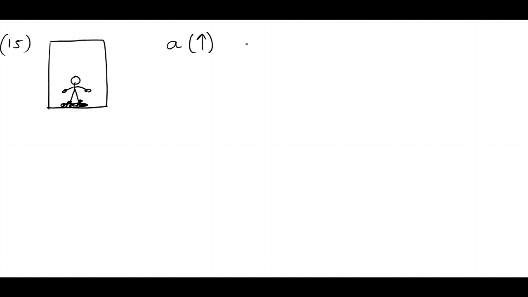In the second phase of motion, the elevator moves upwards with a uniform velocity. And finally, in the third phase of motion, the elevator decelerates to a stop, but the magnitude of the deceleration is the same as the magnitude of the acceleration during the first phase.